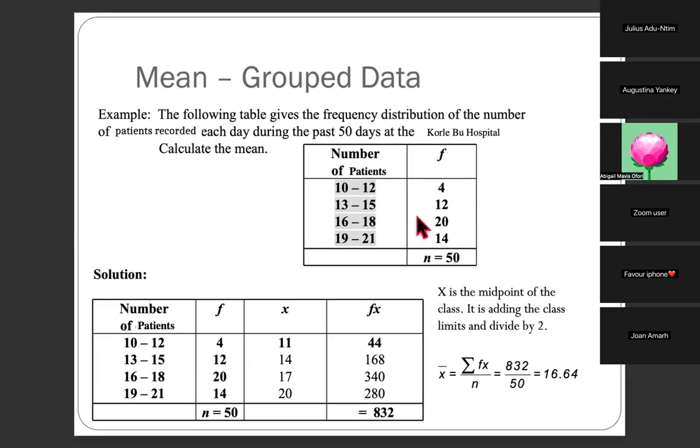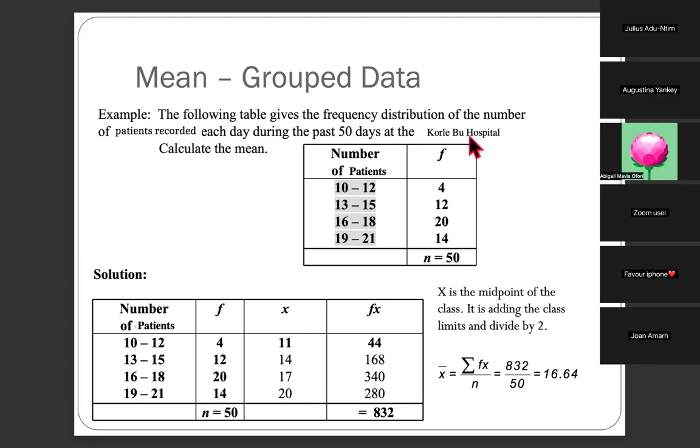Okay. So to find the average number of patients per day, we use something called the class midpoint. The class midpoint is the average of these intervals.